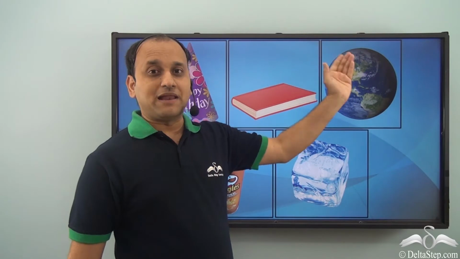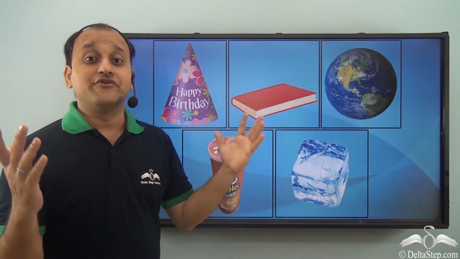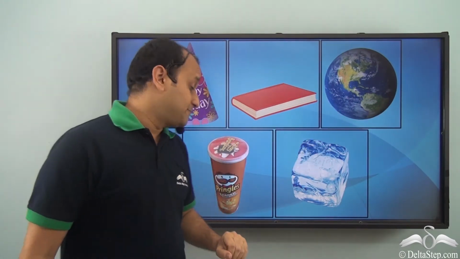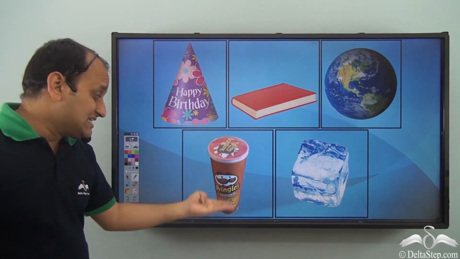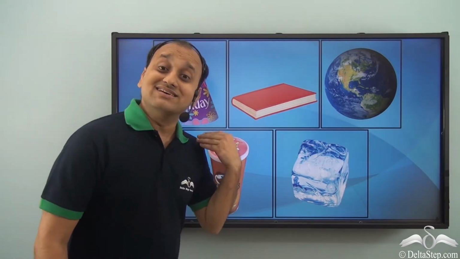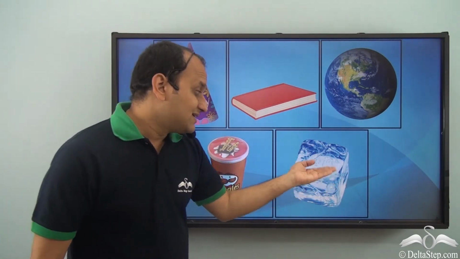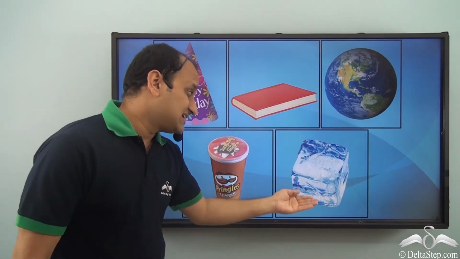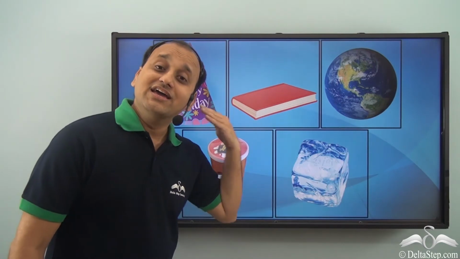And what about our planet Earth? It's round and it resembles a sphere. What about this box of Pringles? Well, this resembles a cylinder. And this ice cube, well, as the name suggests, this resembles a cube.